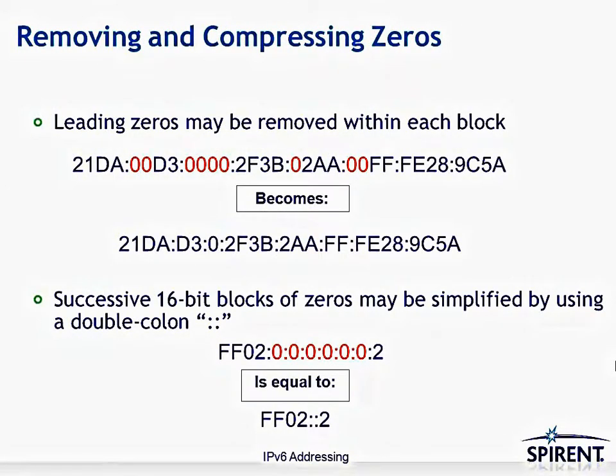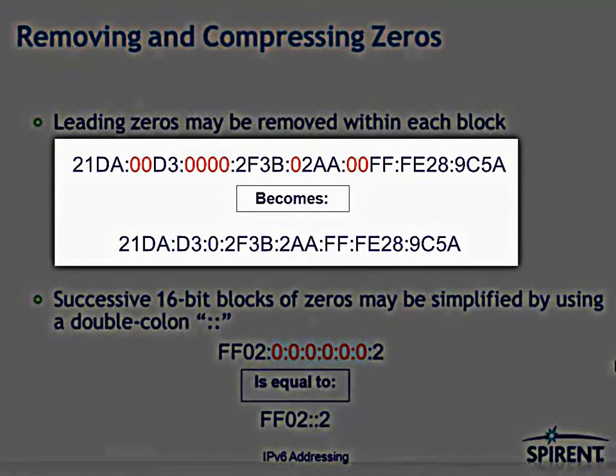The next step in making the IPv6 addresses a little easier to work with and view for us human beings is the concept of being able to remove or compress zero spaces in the 8 blocks that I mentioned before. As you can see, leading zeros can be omitted. A block of all zeros can be represented with a single 0.